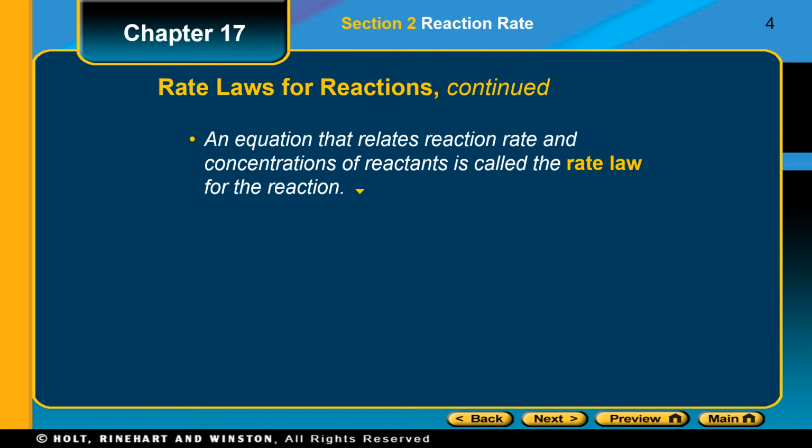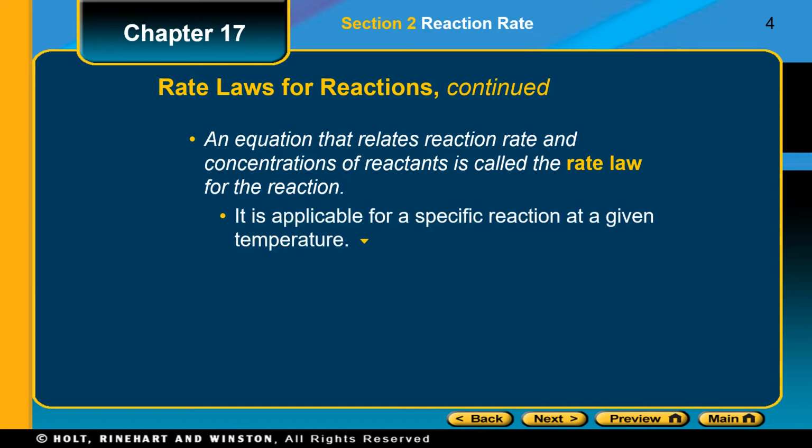So an equation that relates the reaction rate and the concentration of the reactants is called the rate law for that reaction. So we just wrote the rate law for the reaction of hydrogen and nitrogen monoxide. And this rate law, this equation, is applicable for a specific reaction. In other words, that rate law doesn't fit any other reaction, and it only works at a given temperature.